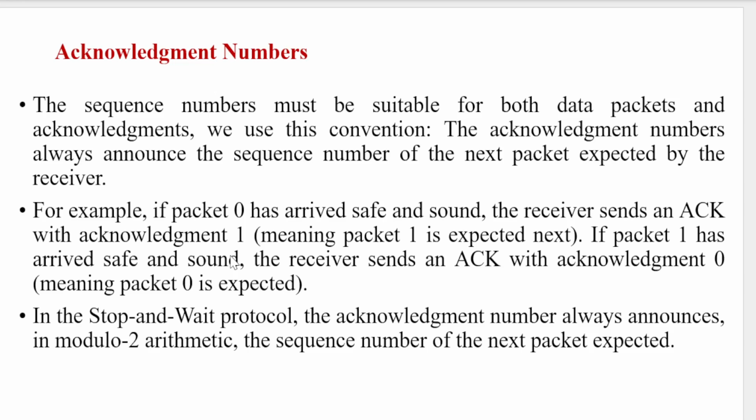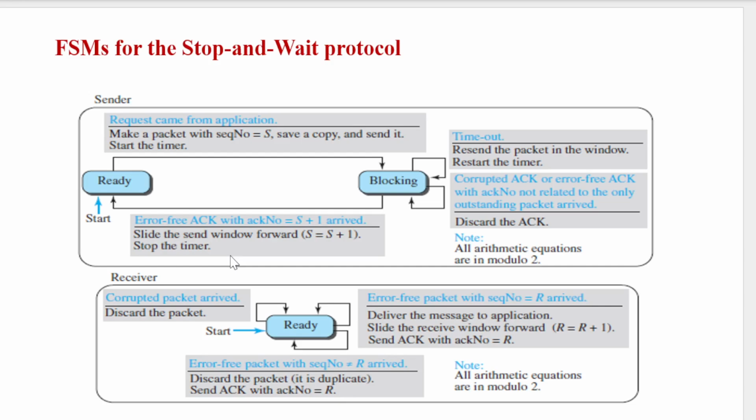If it is 1, that means the packet arrived safe and sound. But if the acknowledgement is 0, that means it didn't get the packet correctly. That's what the stop and wait protocol is.